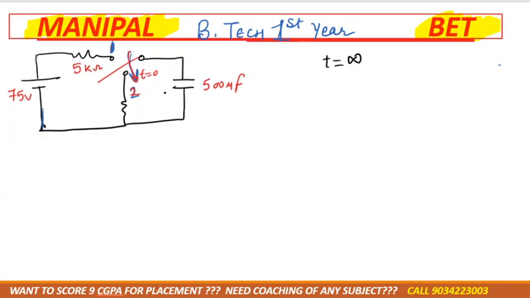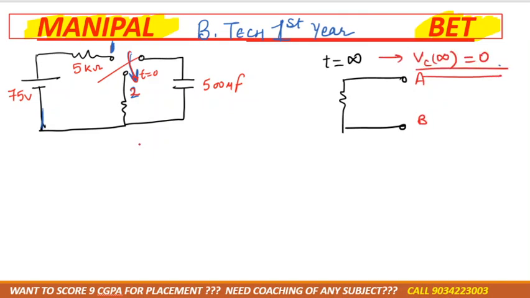At infinity, the switch is connected to 2, it must be open circuit, and if there are no supplies, then VC of infinity is how much? 0, right? VC of infinity is 0 only.